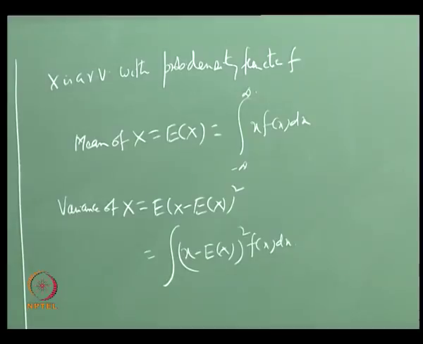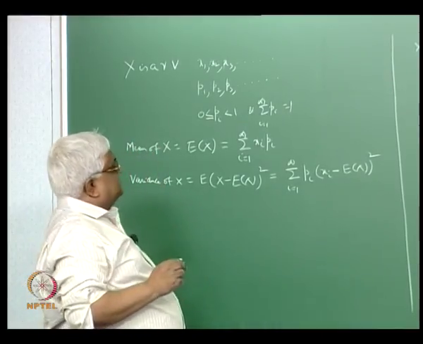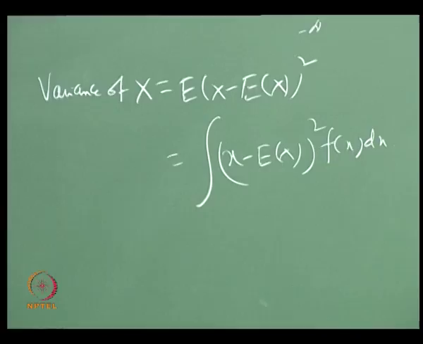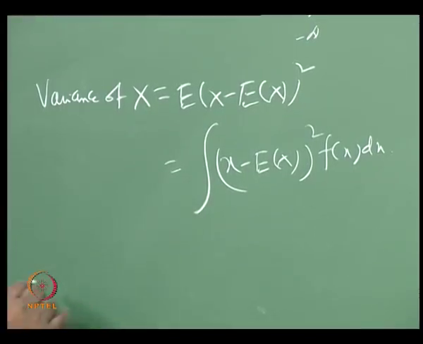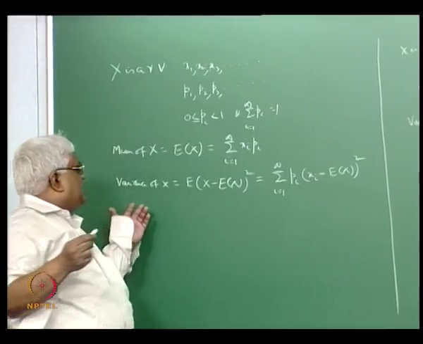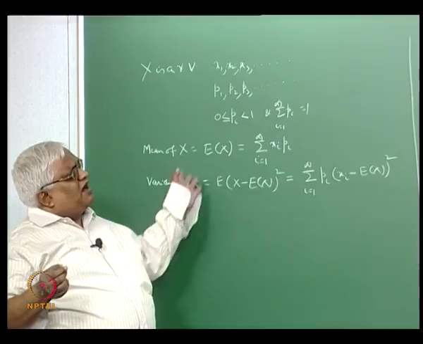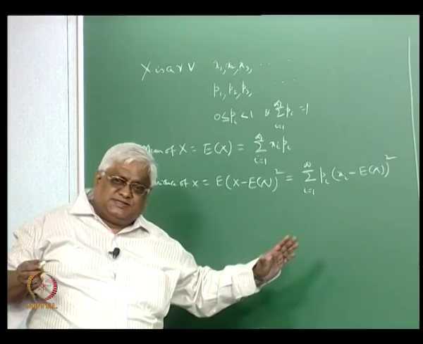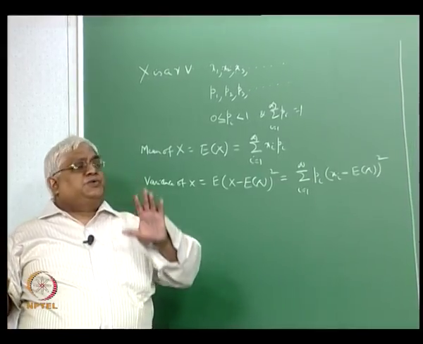Okay. Now, there are some nice properties. Whether you have a discrete random variable or a continuous random variable, the properties that I am going to write are always true.